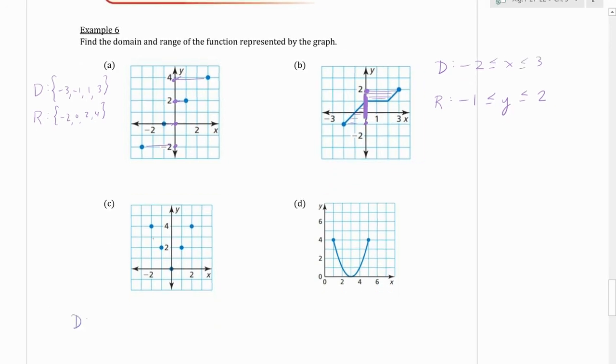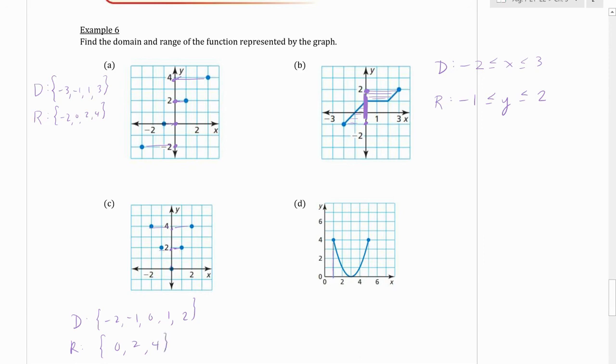Okay, this one, domain, look at your x's. -2, -1, 0, 1, 2. My ranges, push them to the y. Those 3 points right there. 0, 2, and 4.